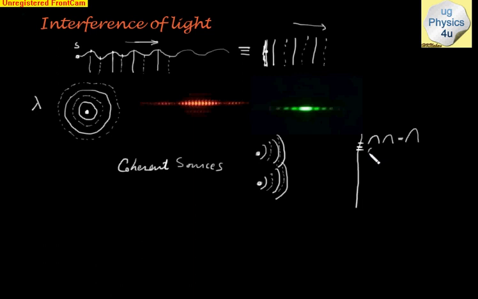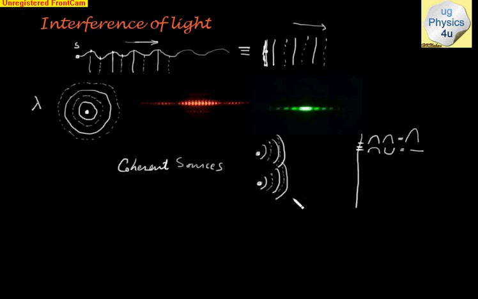And if one wave portion is like this and the other wave portion is like this, then you won't get any light here, it will be darkness. No amplitude means darkness. Therefore these bright and dark patterns are obtained on the screen.